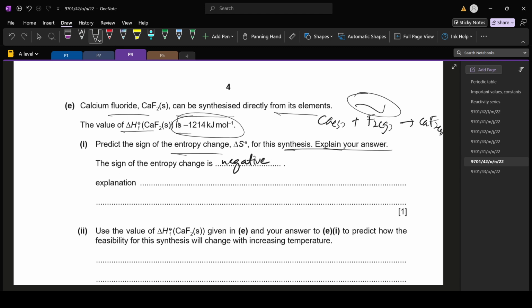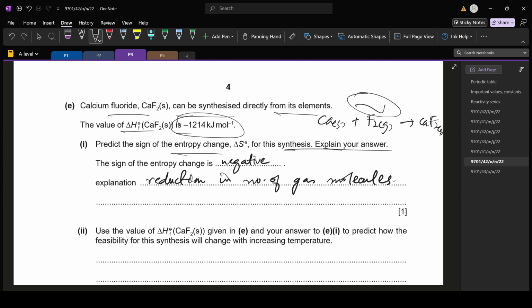Negative because of a reduction in number of gas molecules. Okay, and when entropy increases, the value of entropy change becomes more positive.